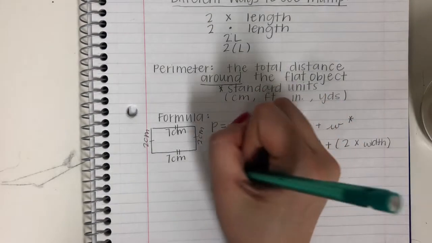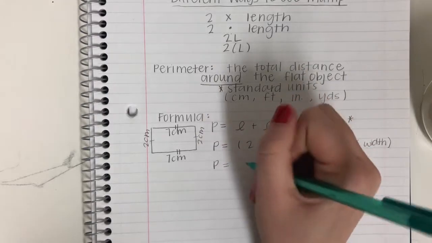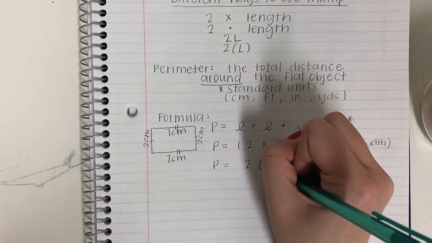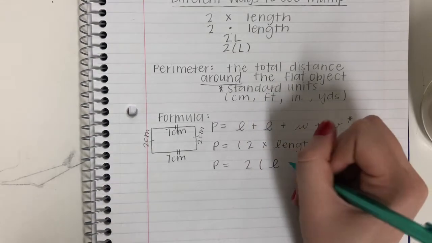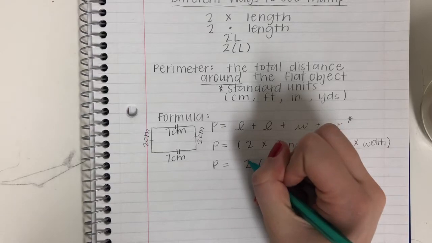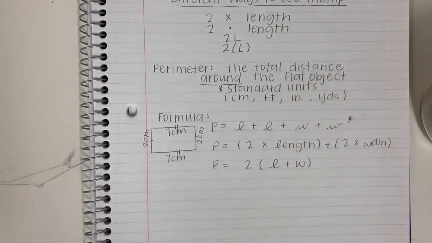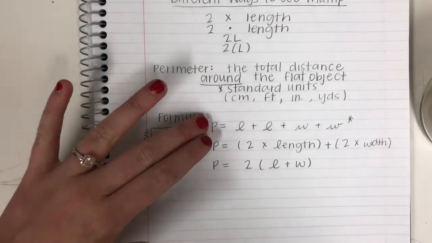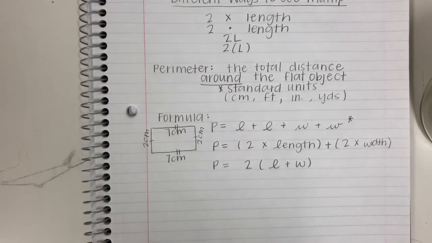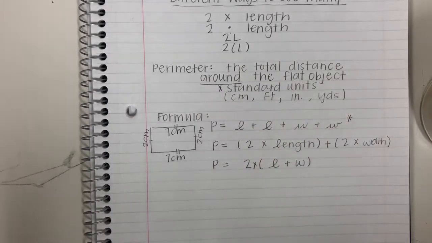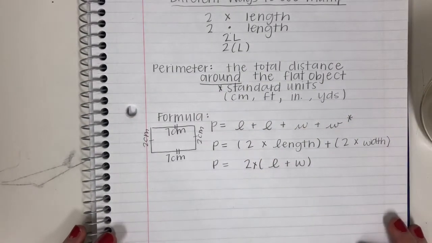Or you might see it as a distributive property where you have P equals 2 and then times length plus width, and that's where you do distributive property there. So we're really just going to be working on probably the top two, but if you want to do the bottom one as well, you can do that. So I'll put the multiplication sign there. Okay, so let's look at a few.